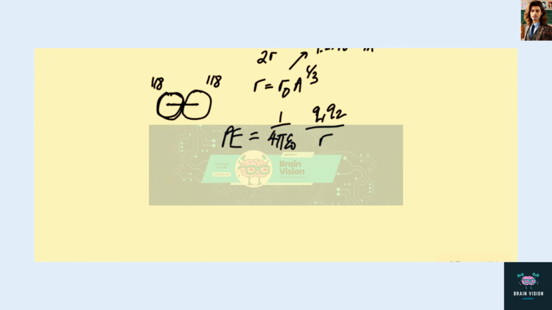So uranium has 92 protons, divided by 2, we should have 46 protons each. So the charge should be 46 times the elementary charge. And the R in this case should be 2R, right? The distance between the two centers.